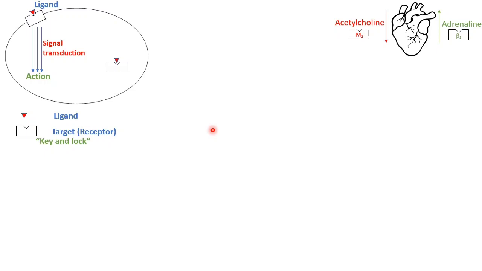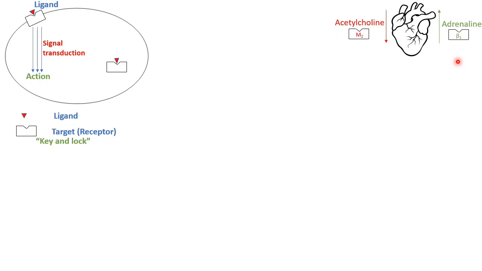Okay, so what if we have a patient that has bradycardia? Bradycardia is slow heart rate. In this patient, we want to increase his heart rate. So we can give a drug that acts on this receptor, on beta-1 receptor, to increase the heart rate.